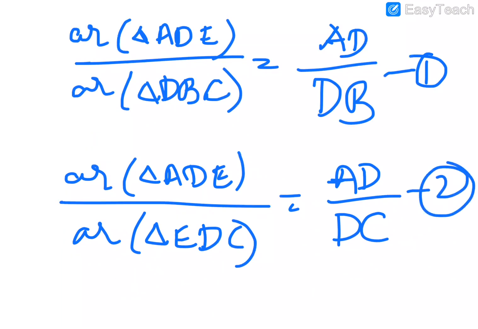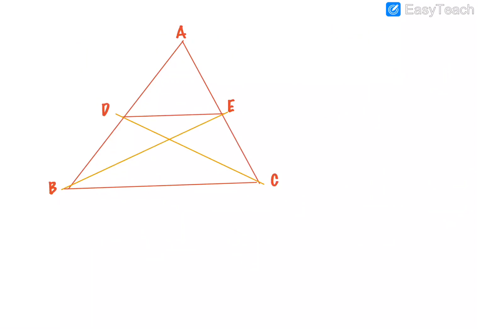From 1 and 2, what we can observe? We can observe here we have in numerator ADE, here also triangle ADE, both are same, and here it is DBC, here it is EDC. Let's observe these two triangles. Now let's observe these two triangles DBE and DEC.